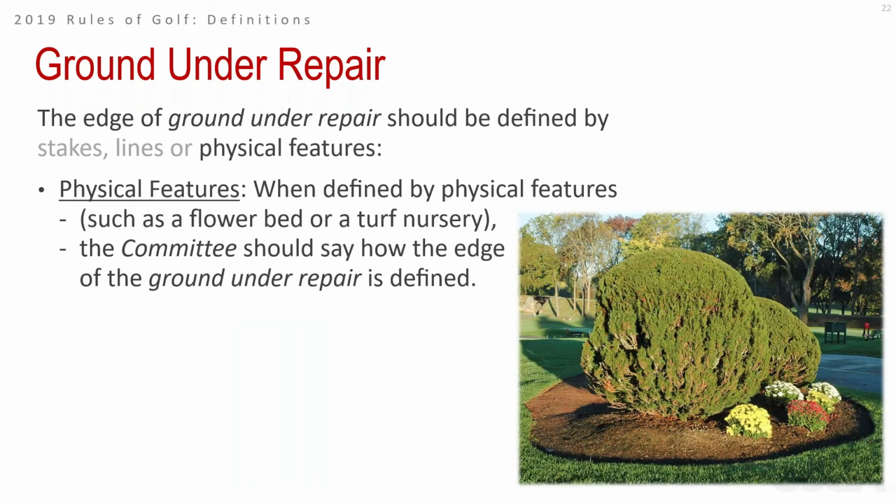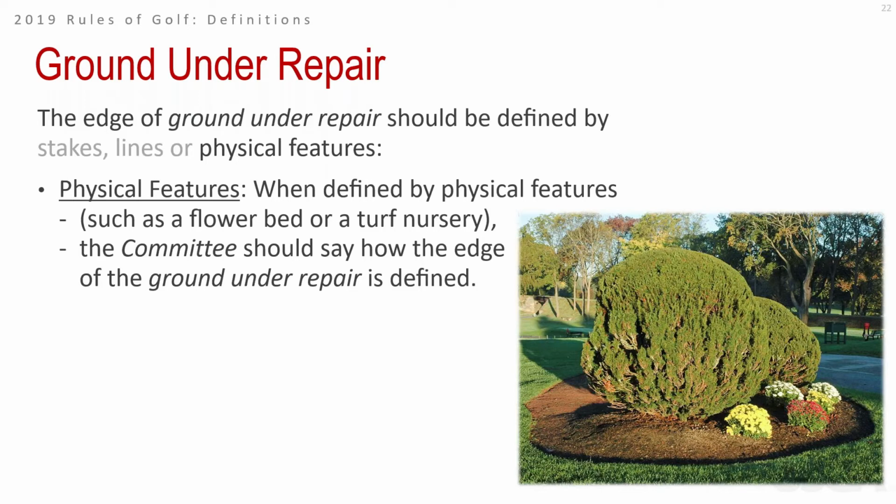There's also times where you can define ground under repair by some of the physical features that are represented on the golf course. I look at this example here, and while the area is mulched and there is a noticeable edge between that part of the general area and that mulched area, sometimes you see there's metal fencing or short metal fencing, so that you can use that as a determination of where the ground under repair stops and starts.